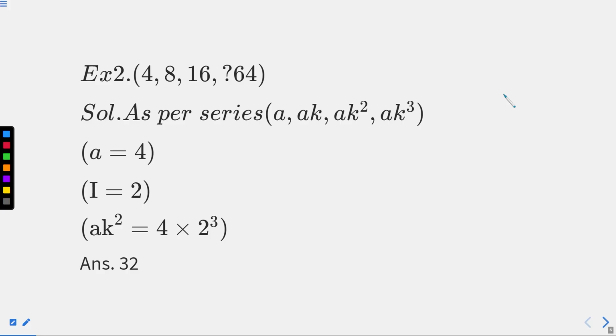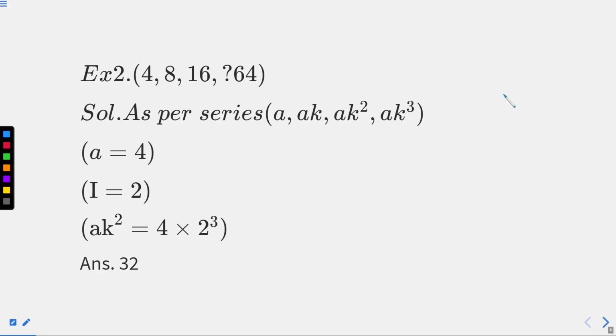We have already discussed a series in which a power factor is multiplied. So here we know the first term is 4 and the second term is 8, which is 4 multiplied by 2. And in the next term we see 8 multiplied by 2, then we get 16. So we need to note that 4 is 2's square, 8 is 2's cube.